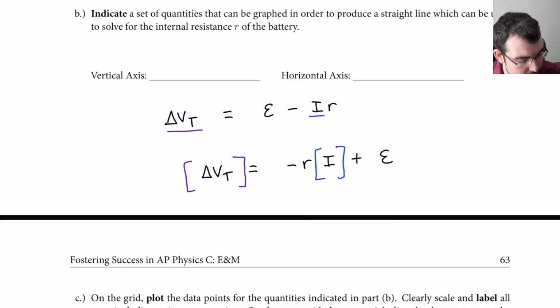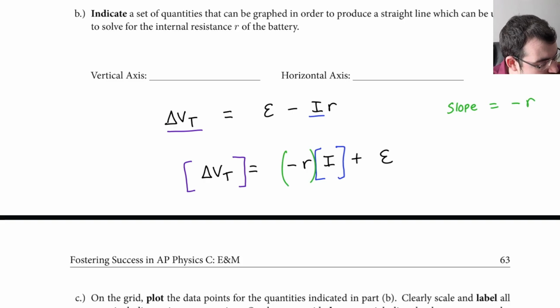Remember that we can write this as y equals mx plus b. What this tells us is we have a slope of negative internal resistance, so the internal resistance would be the opposite sign of the slope. And then look at this, we have a plus b. That's not the most common thing in the world. We actually get a real physical y-intercept, and it's the EMF of the battery.